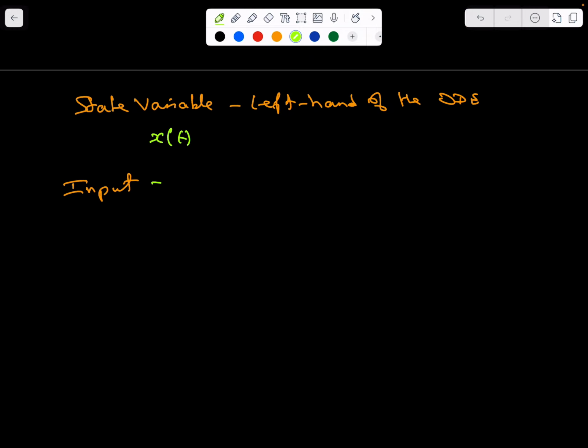These inputs are things that I control, quantities that you control directly. Right? And traditionally these are given the symbol U of t.